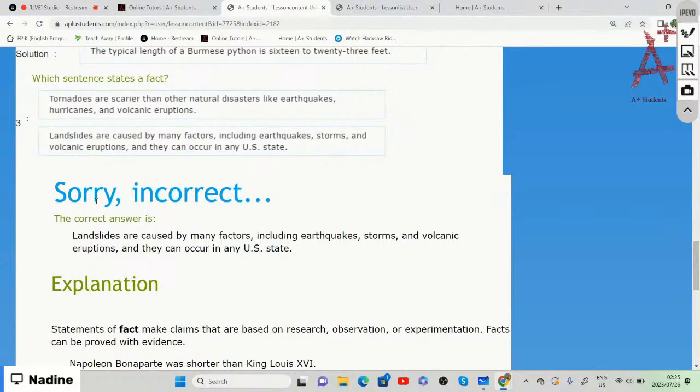We need to select the facts. One of these two sentences, right? One states the facts and one basically states the opinion.